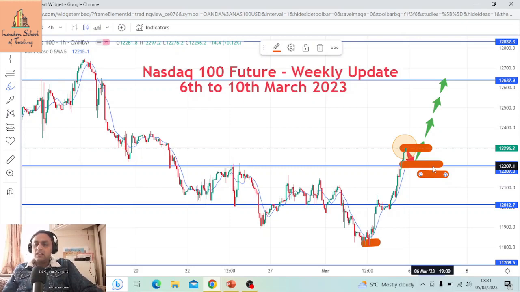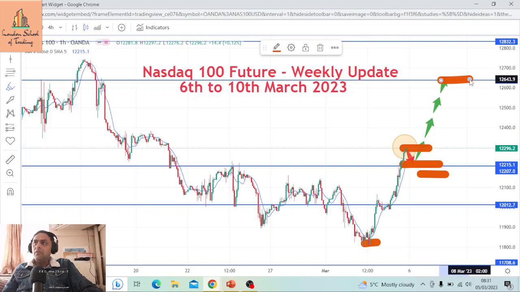Okay, so still the market sentiment is bullish until Fed Powell's testimony is released. Until that time, it is expected to be bullish, and if it continues, then we can say 12,600 level.